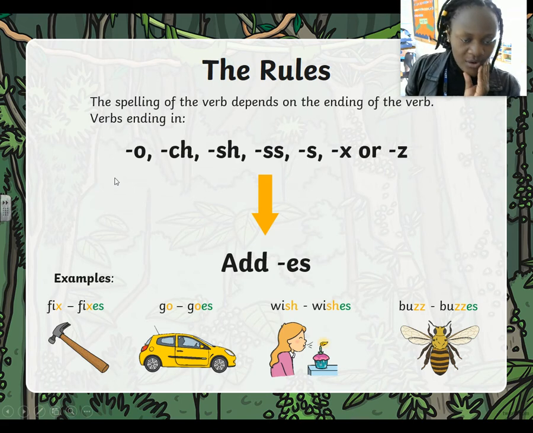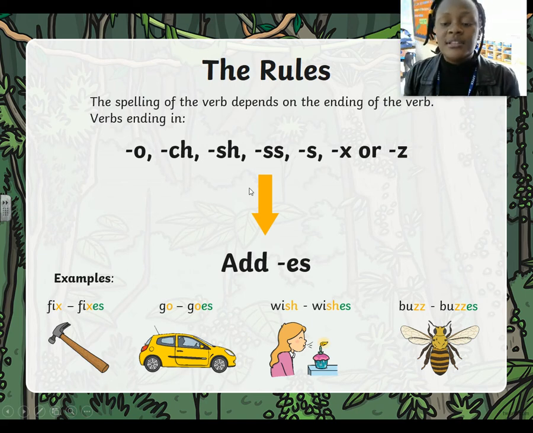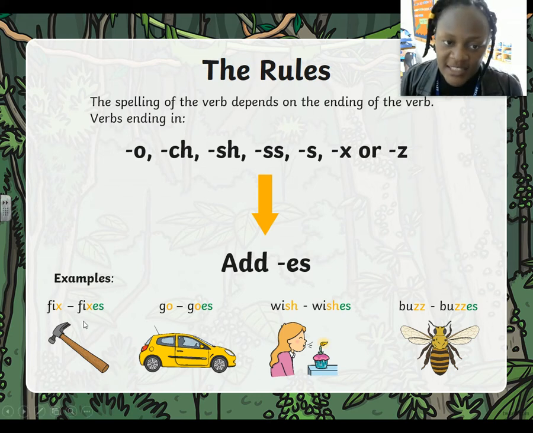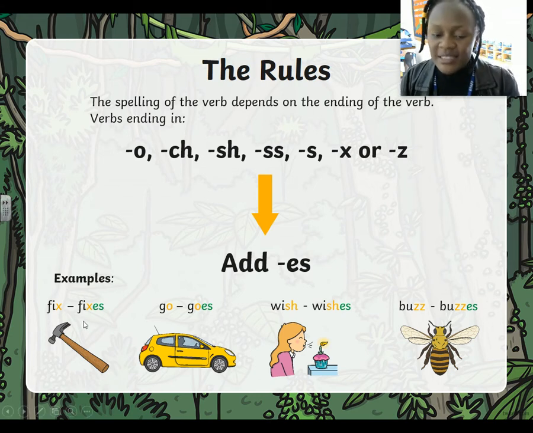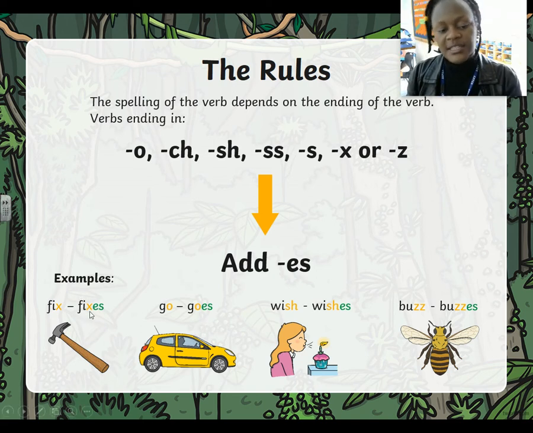If you have words ending with any of these sounds, you definitely have to add es. For example, fix. If you're talking about what this person does every time, you'll say fixes. He fixes the door. So every time the door breaks, this person will come to fix it. He fixes the door.